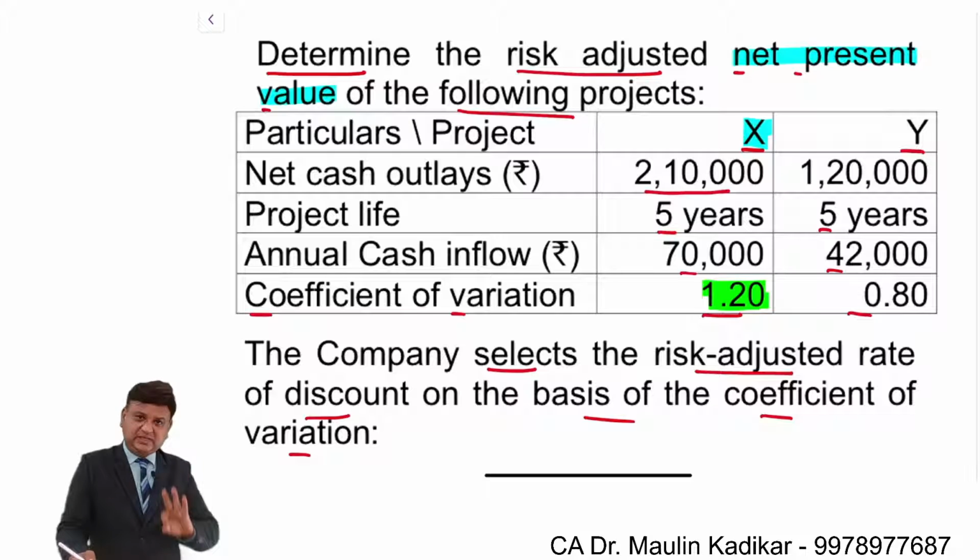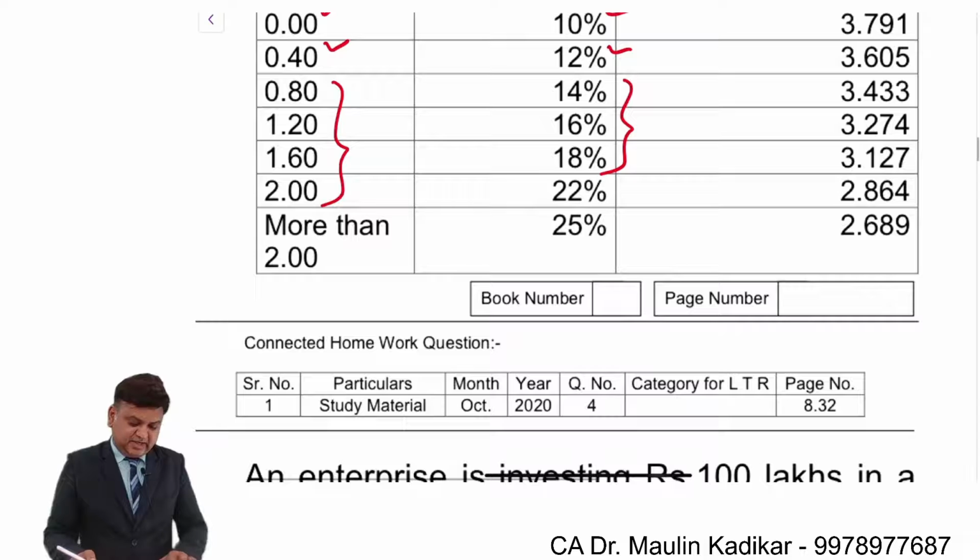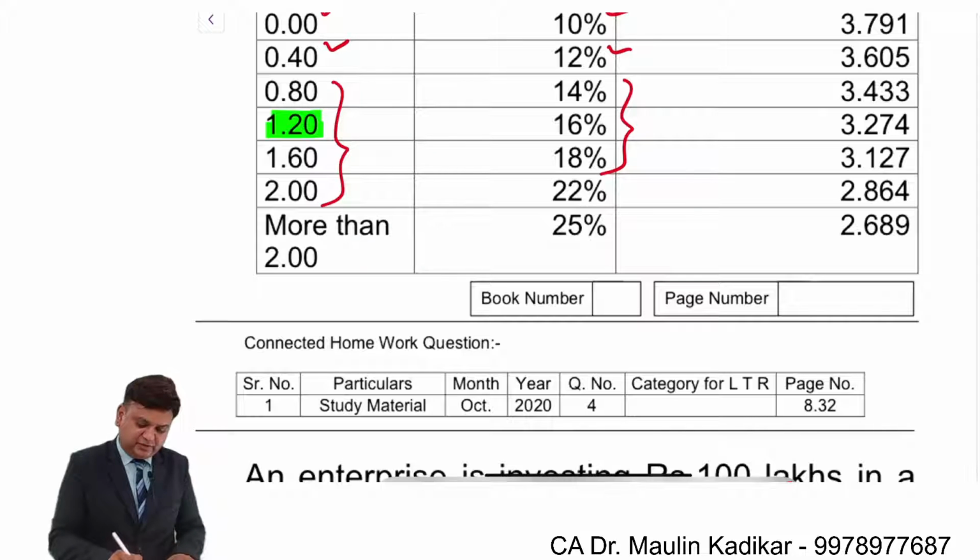The language of the question says that the company has decided that based on the risk, we will determine the required rate of return. As far as project X is concerned, friends, its coefficient of variation is 1.2. So if the CV is 1.2, the required rate of return would be 16%.